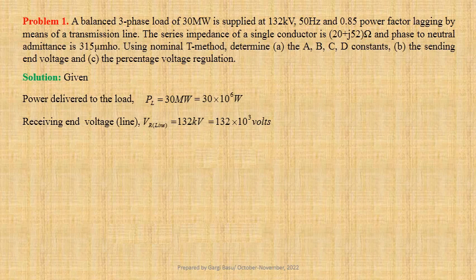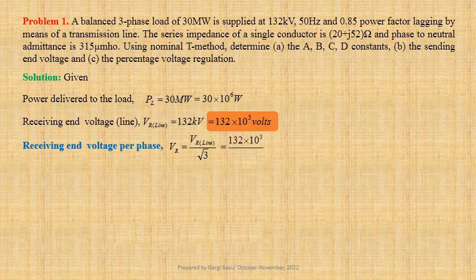For star connected system, receiving end voltage per phase VR equals VR line divided by root 3, that is 132 into 10 to the power 3 divided by root 3, that gives us 76,210 volts. Given load power factor cos phi L equals 0.85 lagging.